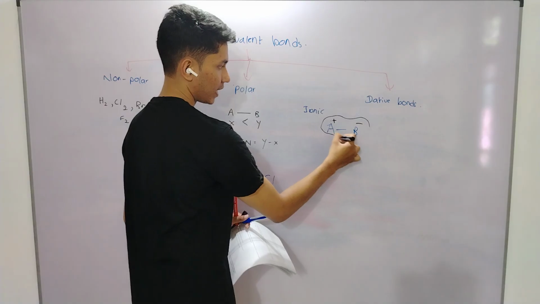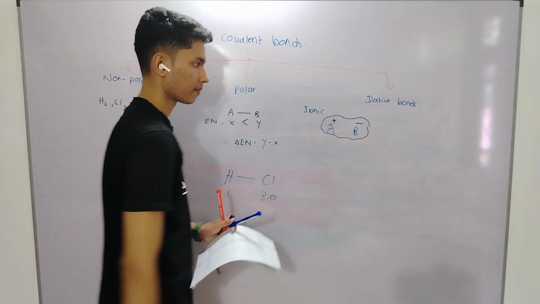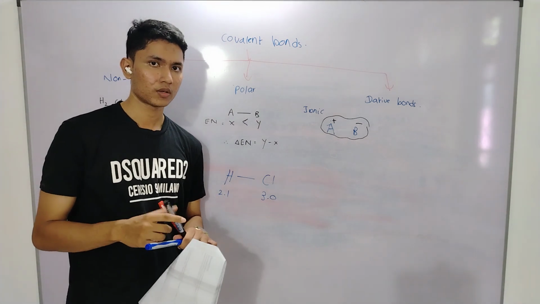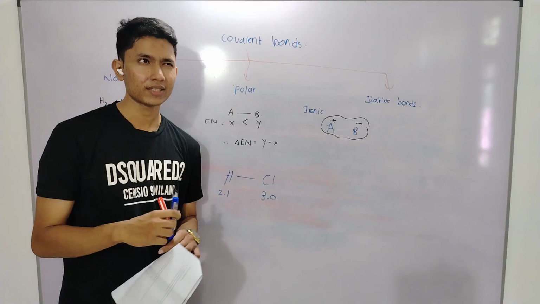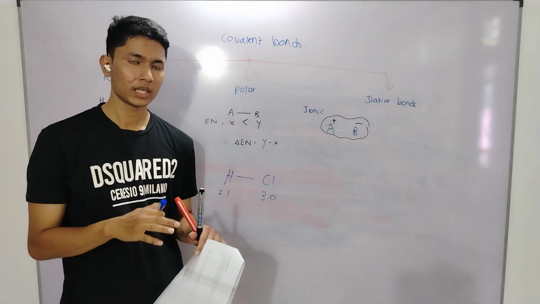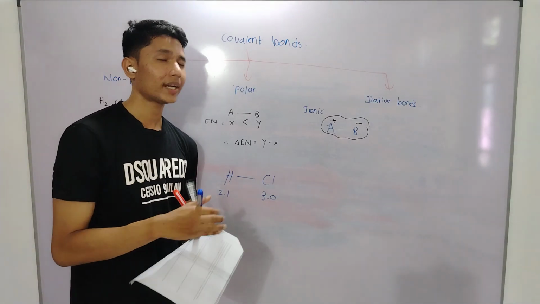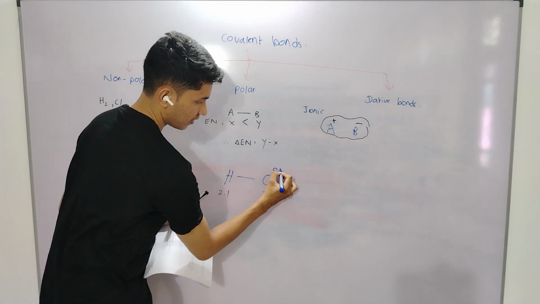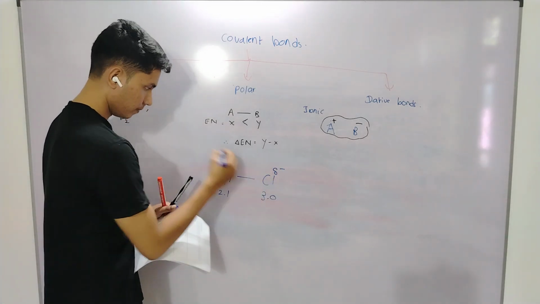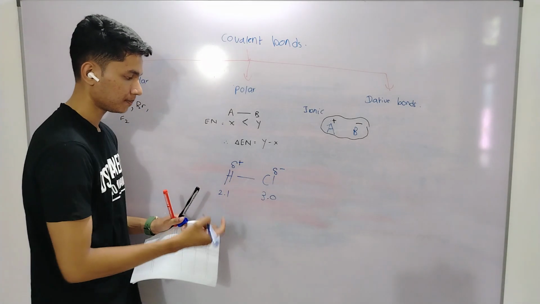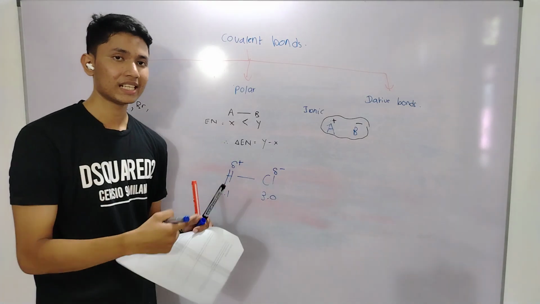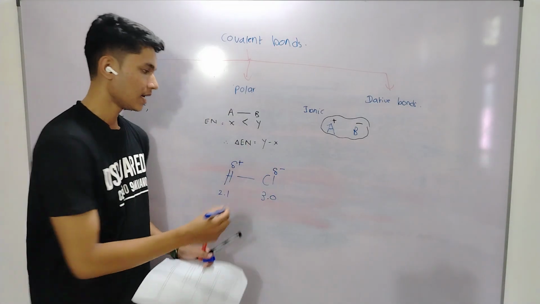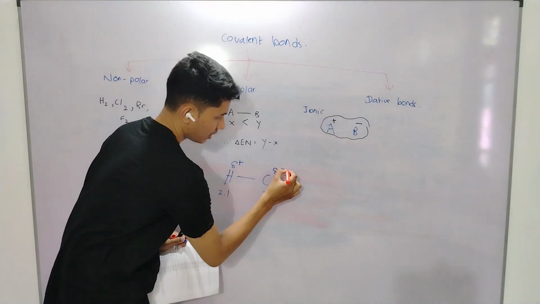Then in a polar covalent bond, the electronegativity difference is closely similar but not equal. We use a partial positive and a partial negative: a partial negative is given to the more electronegative atom and a partial positive to the less electronegative atom.